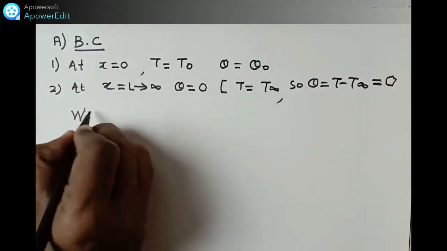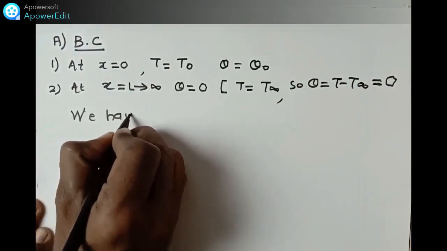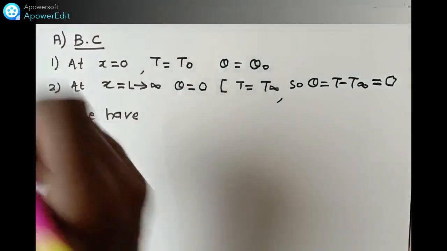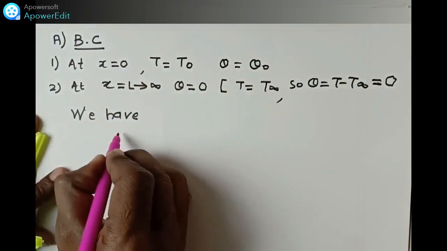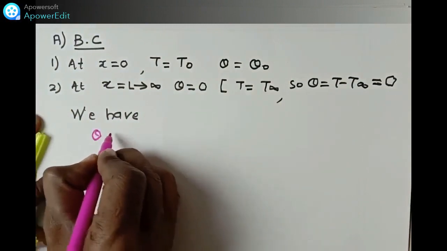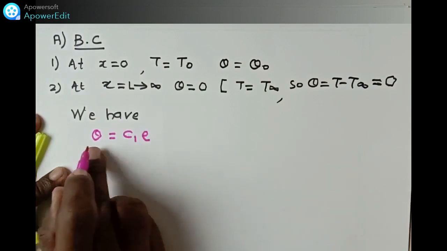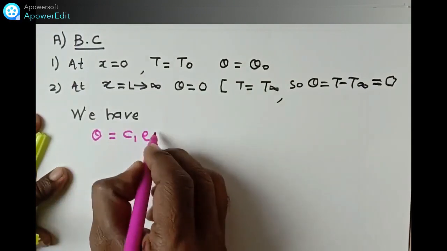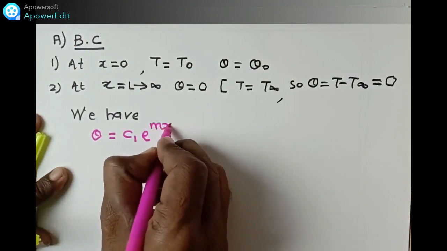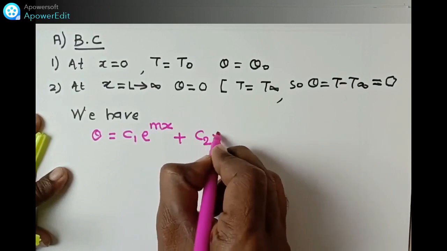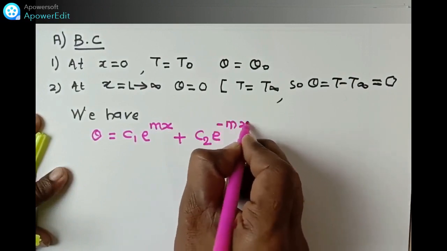Now we have the general solution that we already derived in the last video, that is theta is equal to C1 into e raised to mx plus C2 into e raised to minus mx.